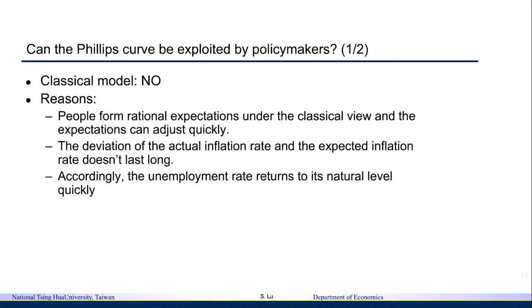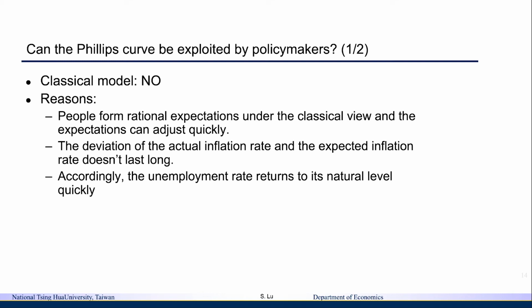So the next question we want to ask is, can the Phillips curve be exploited by policymakers? When policymakers look at the Phillips curve relationship, they will say, hey, there exists a negative relationship between the unemployment rate and the inflation rate.